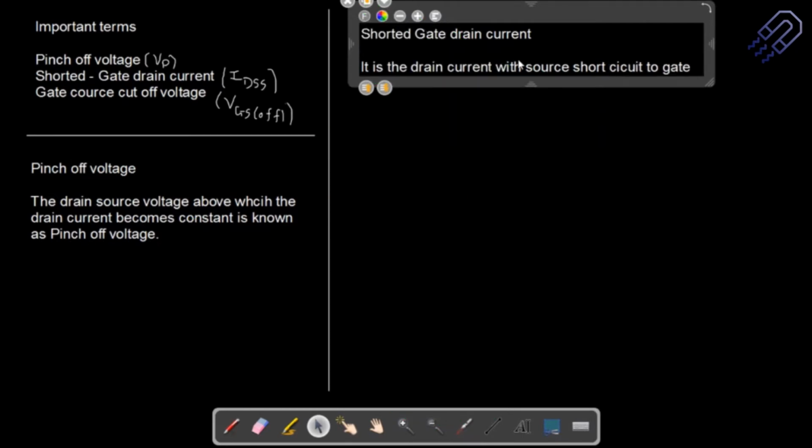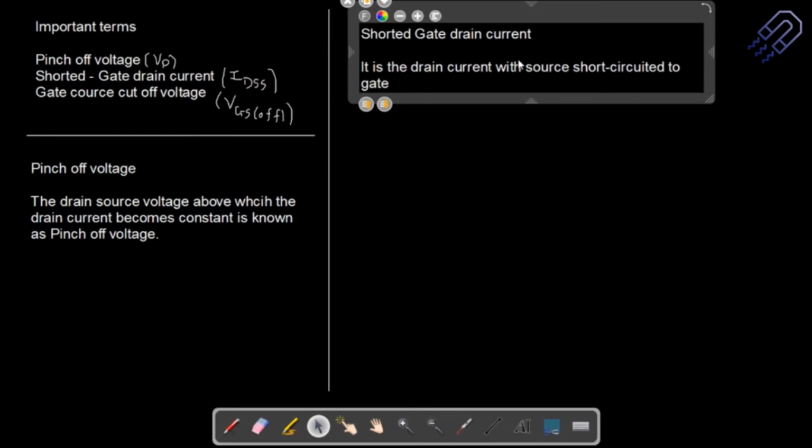In general we can say that VGS is 0. So if we don't have any kind of voltage at the input, we're basically shorting it out.